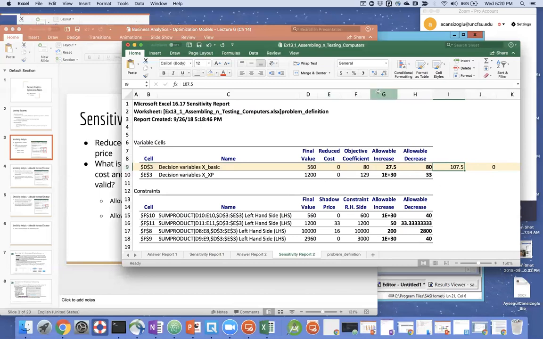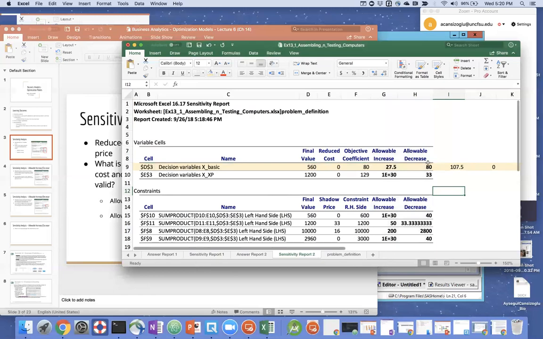So these two columns tell you the tolerance such that you can still keep the same decision variables positive, the same decision variables zero, and the same constraints binding and non-binding. Let me demonstrate. We solved this problem.